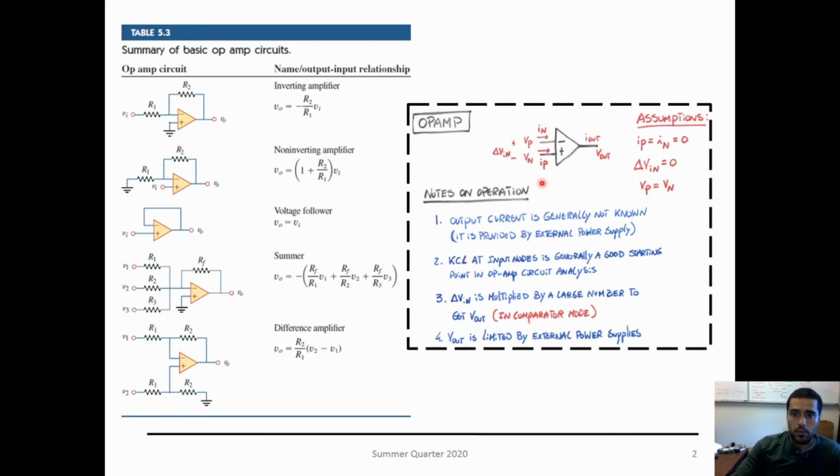When you are in comparator mode, this difference, delta V in, is multiplied by a large gain to get your V out. So your op amp in comparator mode is going to saturate either to VCC or ground, or VPP, the negative supply of your op amp. V out is limited by those external power supplies.